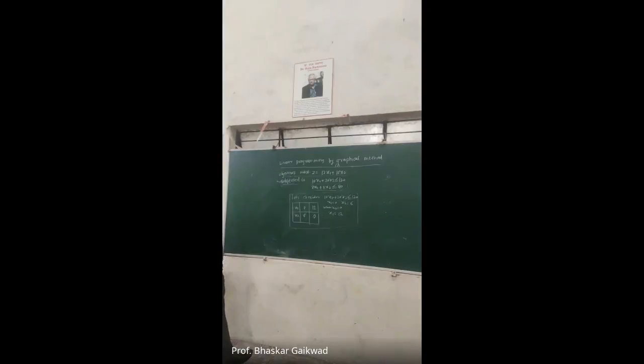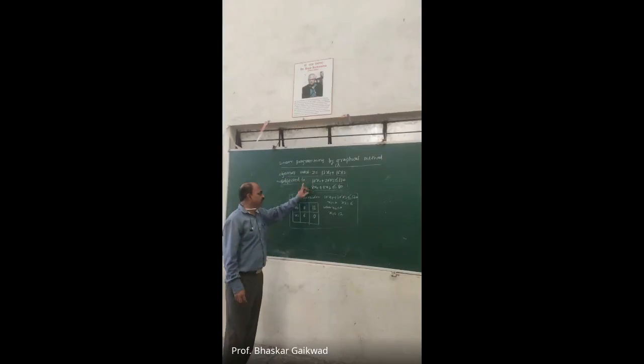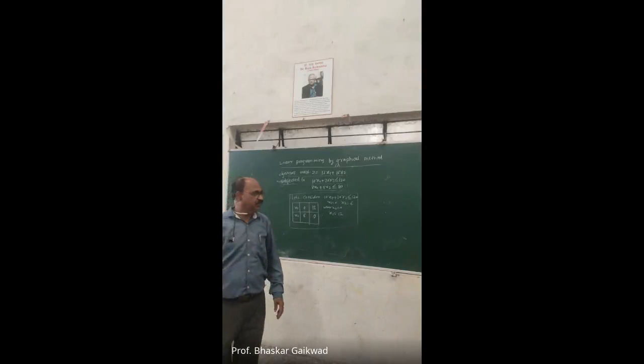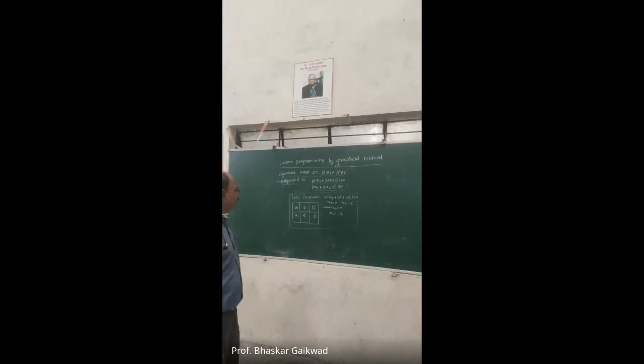Up to here it is clear. This is the objective function, maximization, subjected to the given conditions. So let us consider the first equation, and we have found the coordinates of the same. Up to here it is clear.